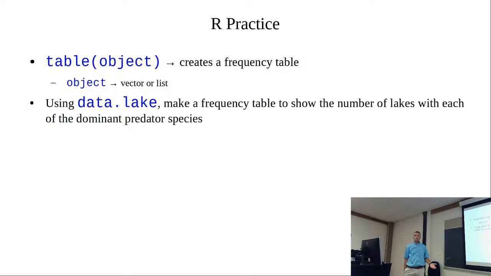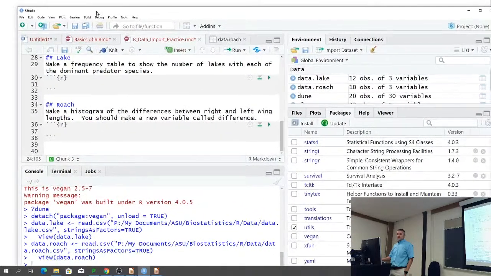We'll talk about frequency tables later this week. It's basically a table of counts. So we're going to make a table of the predator species to figure out how many lakes actually had that as the main predator species. How do we do it? Table objects. So go ahead and try to do that on here.